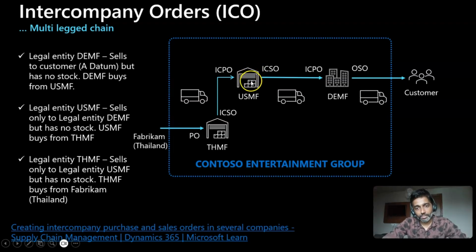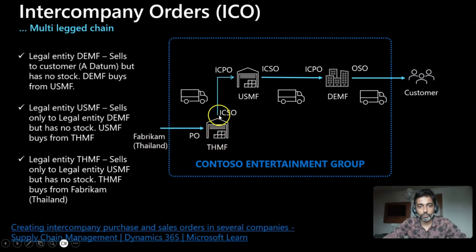So imagine like this. Let's say USMF also does not manufacture the item mid-range speakers. Instead, they buy it from THMF, a legal entity in Thailand within the parent enterprise Contoso Entertainment Group. But if THMF is not actually manufacturing the mid-range speakers, instead they are buying it from Fabricom Thailand, then they need to raise a purchase order, and this material has to reach THMF.